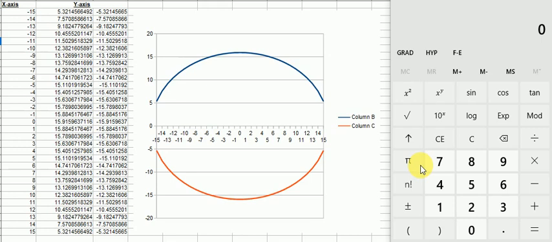I don't know how many of you remember what the value of pi was, just the first four decimal places. Pi, which is a property of circles.